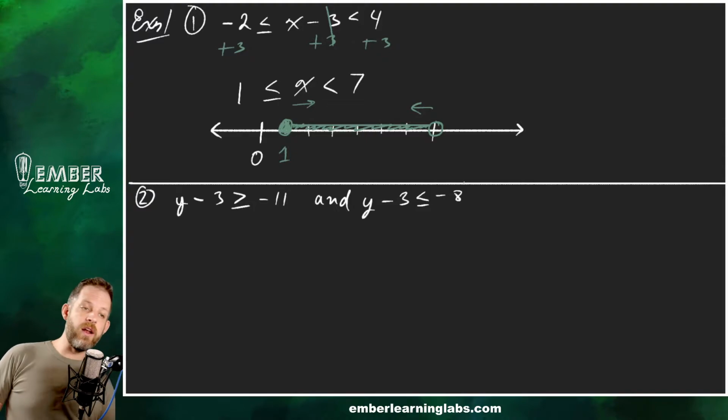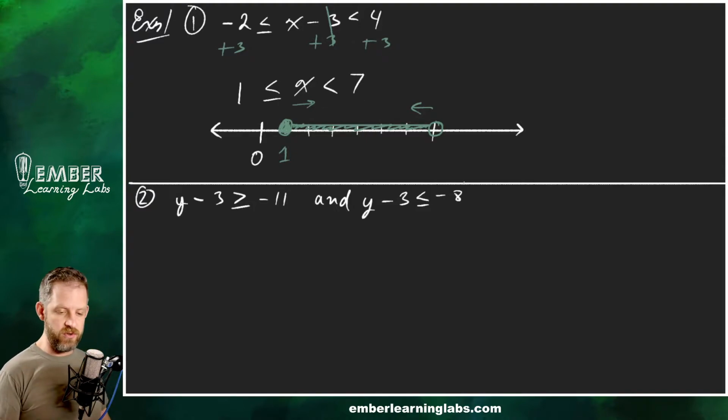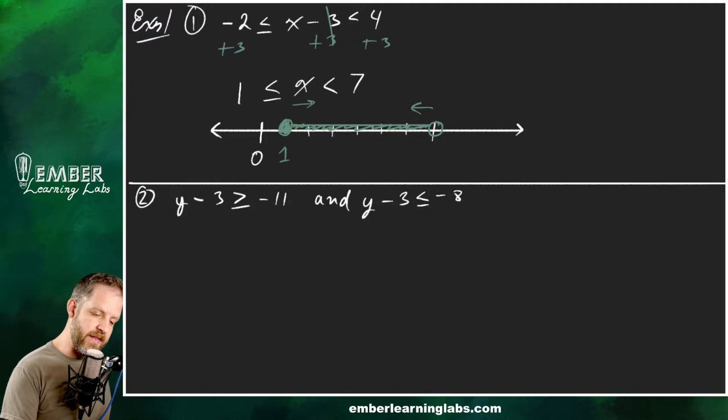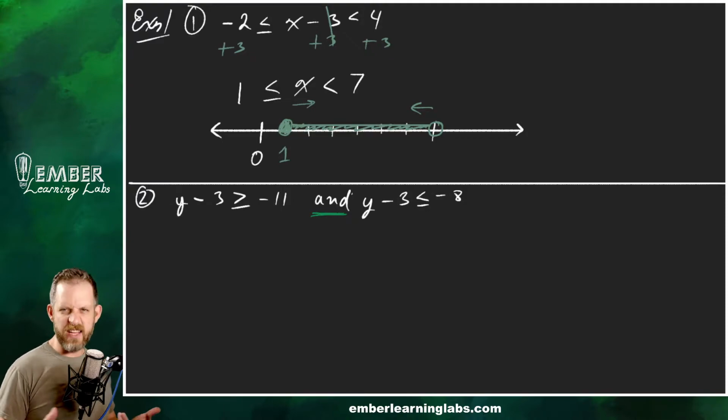Okay, so we're going to solve each one of these individual inequalities, and then graph them together on the same line, meeting this and condition here. We'll see an and condition, and we'll see an or condition later. We'll see how those are different.